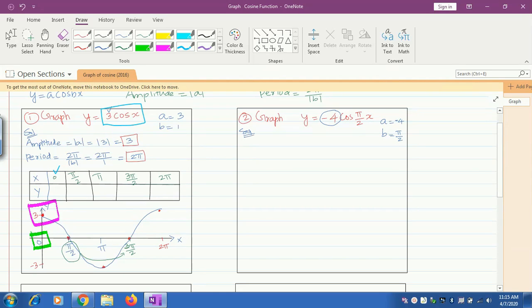So the solution: the amplitude is absolute a, which is minus 4, which is 4, and the period is 2 pi over absolute b, here 2 pi over pi over 2. The pi cancels with the pi, and the 2 goes up, so you have 4. So I got the amplitude and the period. The amplitude is 4, and the period is also 4.